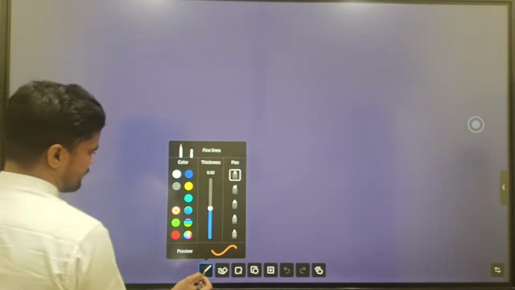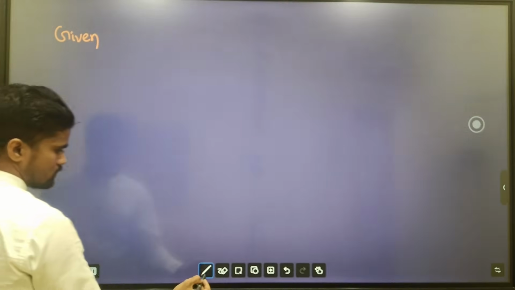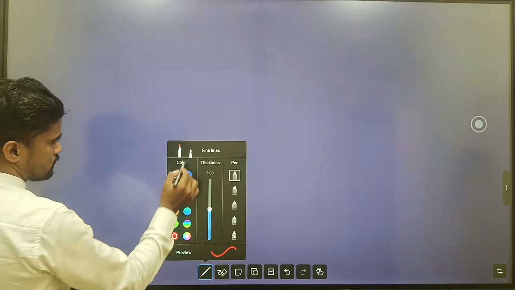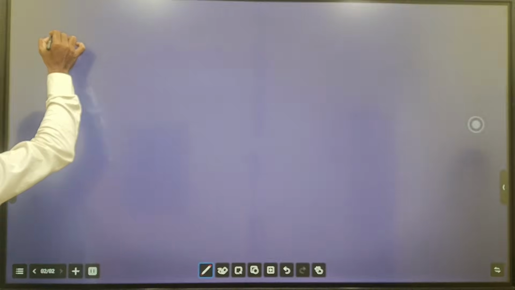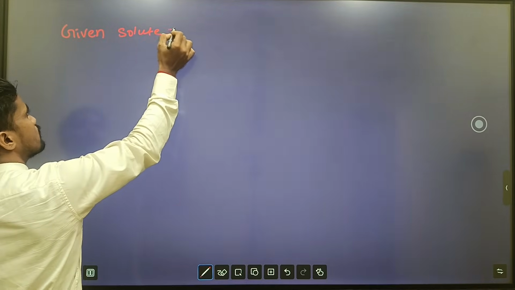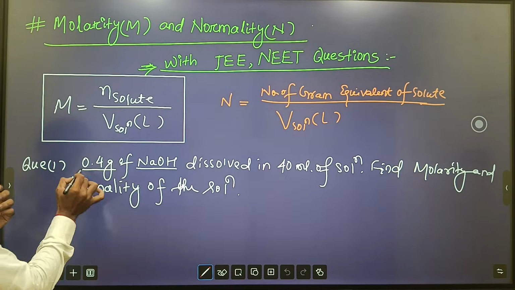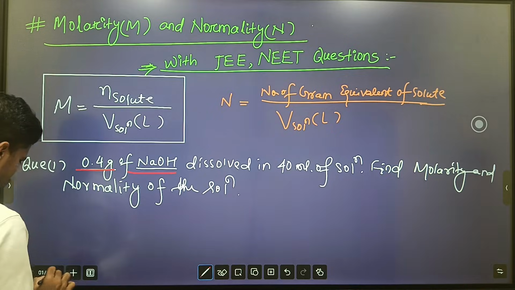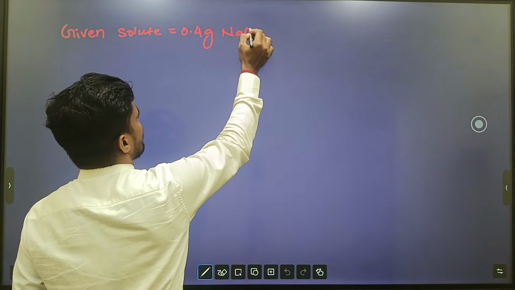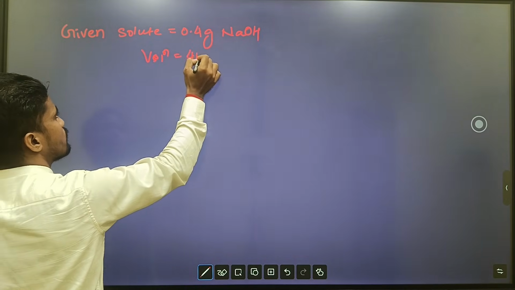So here is given: solute is equal to 0.4 gram of sodium hydroxide, 0.4 gram NaOH, and volume of solution equal to 40 ml.